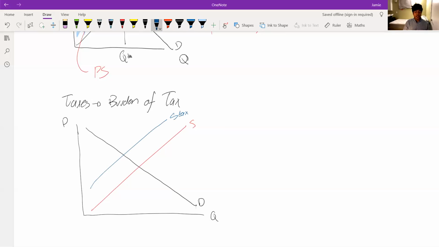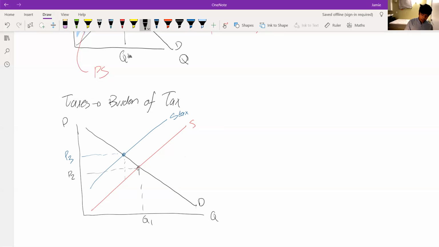So what ends up happening is the new intersection here is price in the market P3. Let's call this P2. This is Q1, right? And so P3 is what's called the price to buyers.